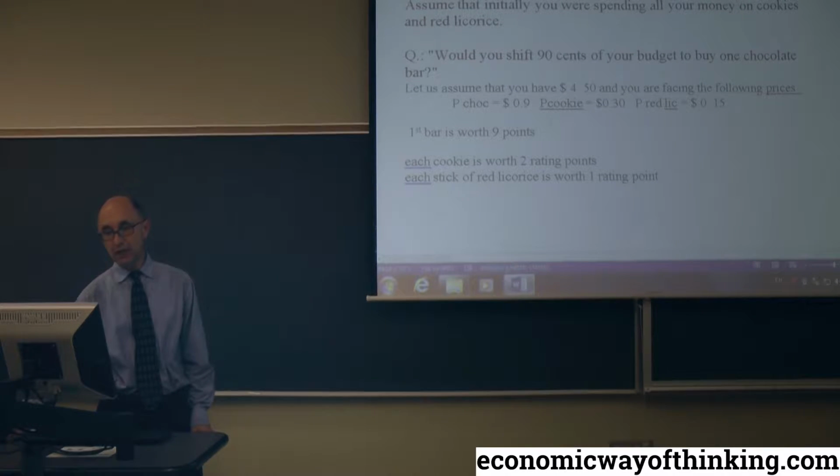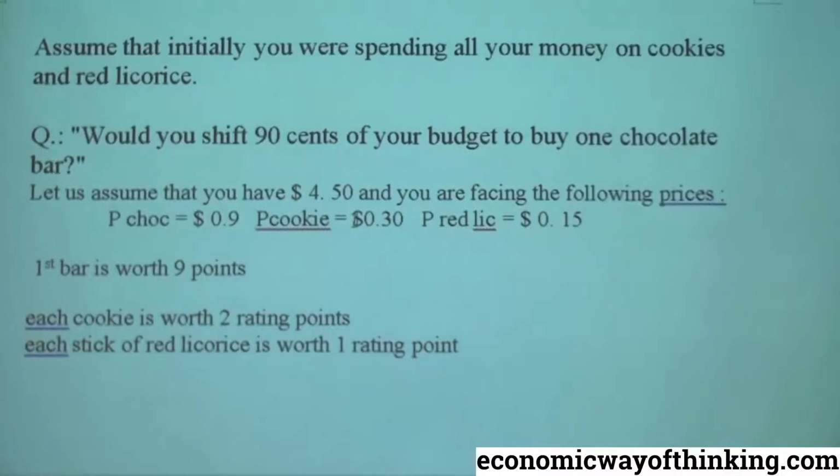How many cookies would you give up? You would give up 3 cookies, right? Because the price of a cookie is 30 cents. In terms of rating points, 3 cookies are worth 6 rating points. So you're gaining 9 and losing 6 points. Of course, reallocating the 90 cents to buy 1 chocolate bar will make you better off. Right? So you will be buying the first chocolate bar.